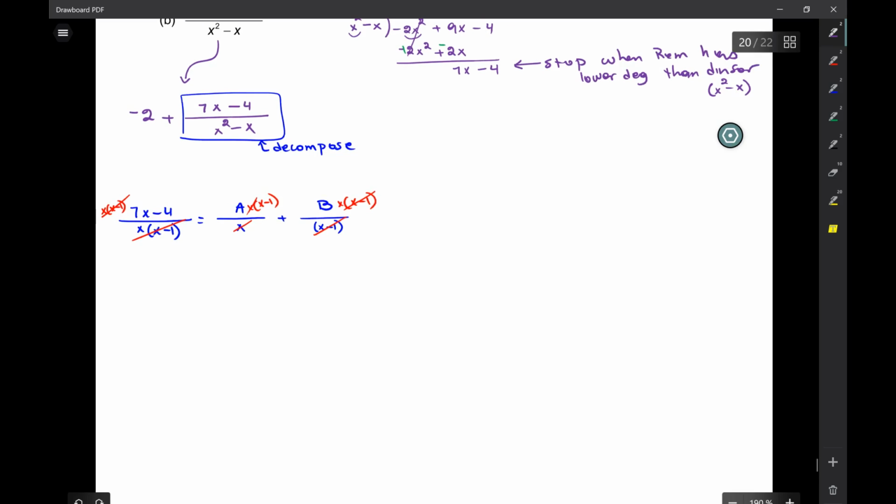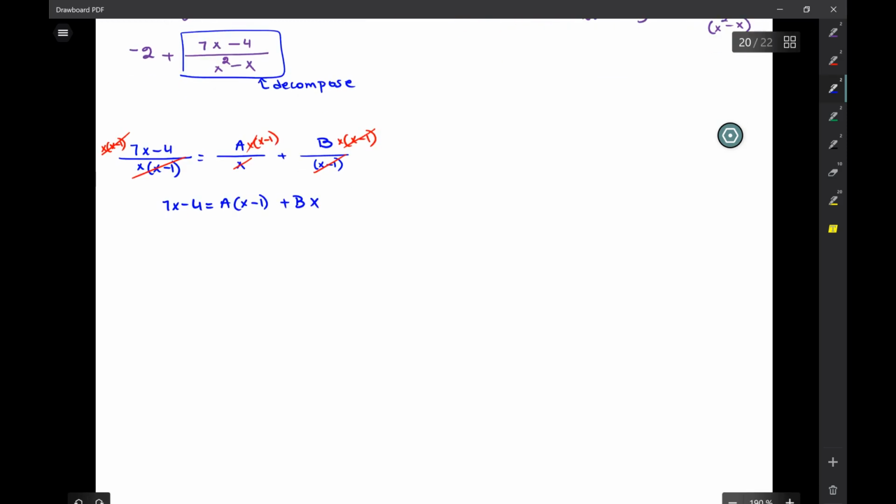Okay, so here 7x minus 4 equals a(x minus 1) plus bx. Okay, what numbers can I put in here? 1. So when I put in x equals 1, I get 7 minus 4 equals a times 0 plus b.